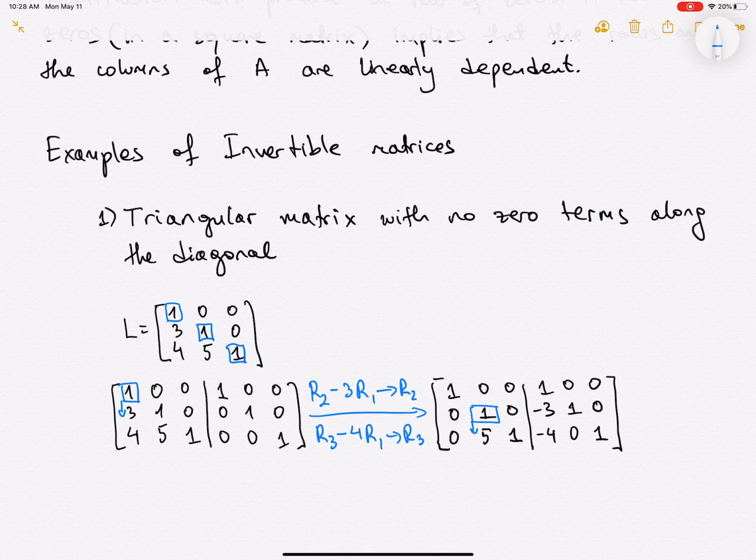Before I continue, observe that the changes that we saw in this right-hand side matrix are located in the exact same location where we wanted to eliminate in the original matrix L. That makes total sense because that's where we are carrying out the changes with the identity matrix as well.